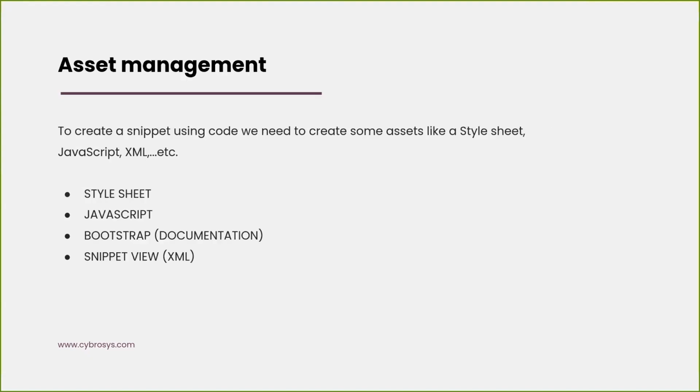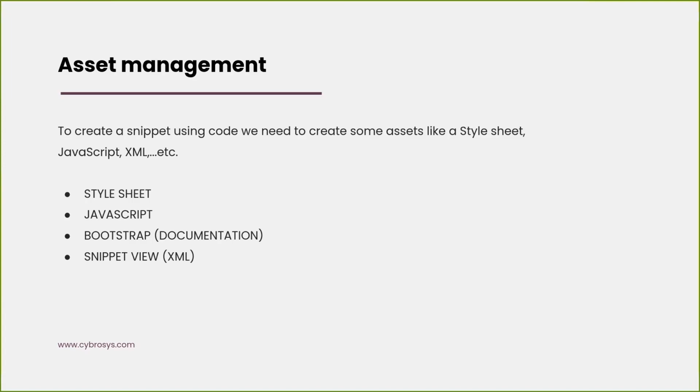Next is asset management. There are multiple types of assets we will be using in snippet creation. There are style sheets, which are CSS or SCSS styles. There is JavaScript. For creating a dynamic snippet, we need to dynamically load the data, so in that case we will be using JavaScript.